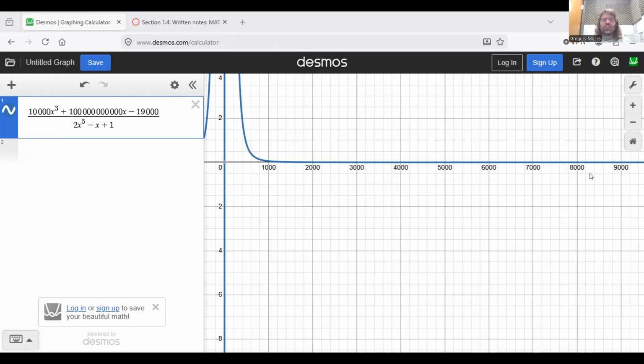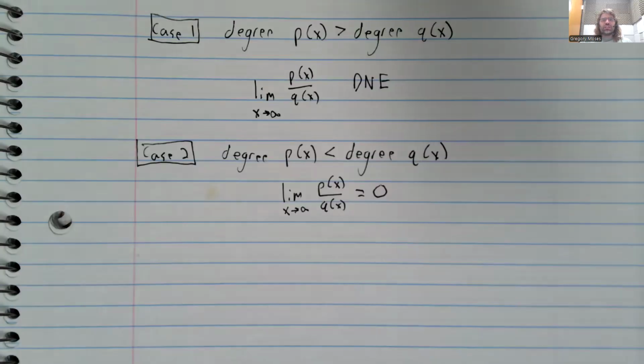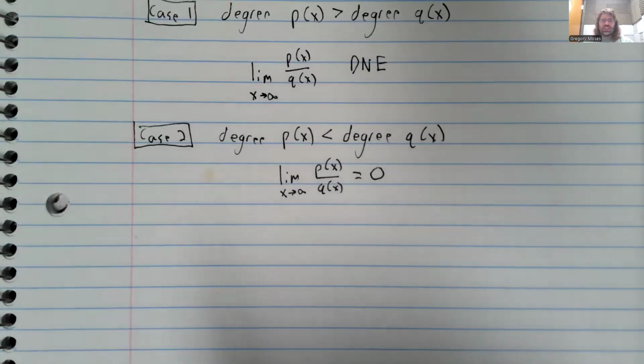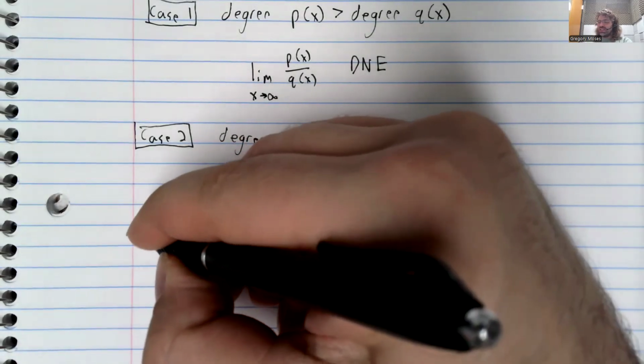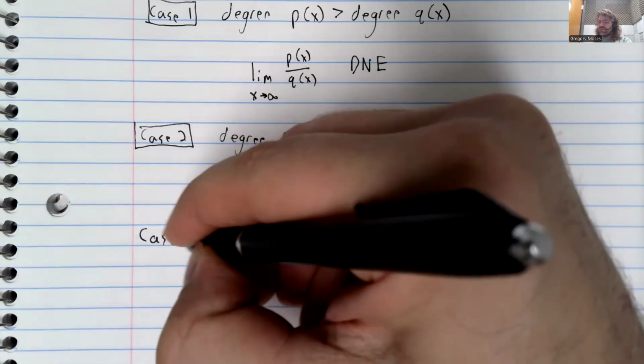And then case 3. Well, what does case 3 have to be? We've looked at the cases where the degrees are different.